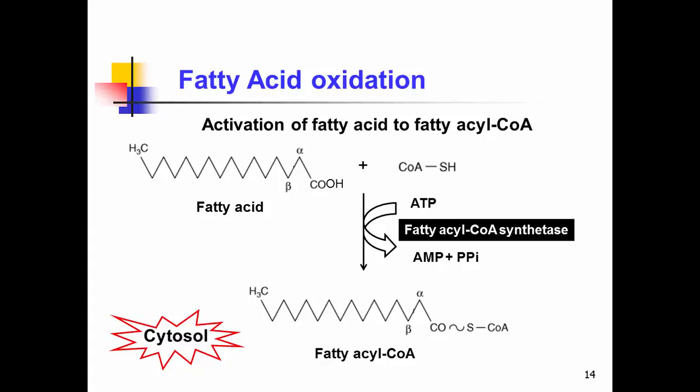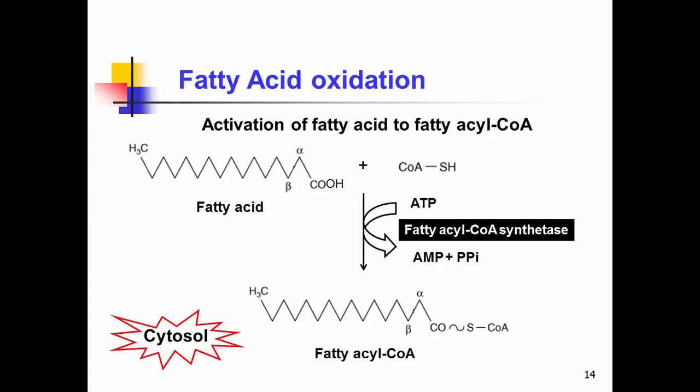Again, when fatty acids are oxidized, fatty acids first need to be activated, like in triglyceride synthesis, remember, right? This is actually the same reaction for both triglyceride synthesis and fatty acid oxidation. So fatty acids need to be activated to fatty acyl-CoA by the same enzyme called fatty acyl-CoA synthetase, right?